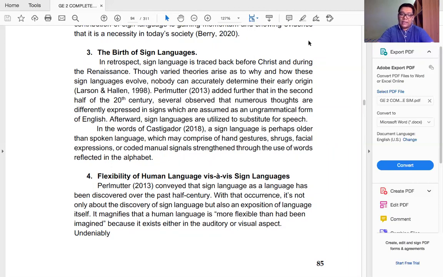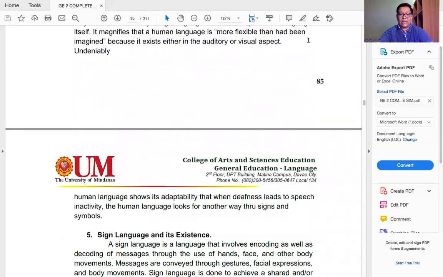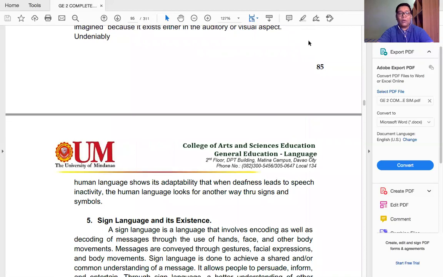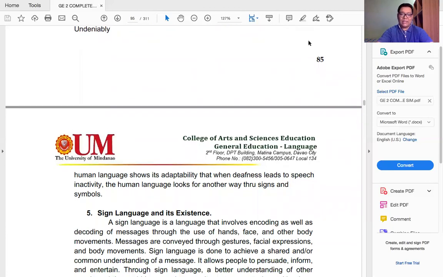It magnifies that human language is more flexible than had been imagined because it exists in either the auditory or visual aspect. Undeniably, human language shows its adaptability in that when deafness leads to speech inactivity, humans use language to thrive within the community and to communicate signs or messages.